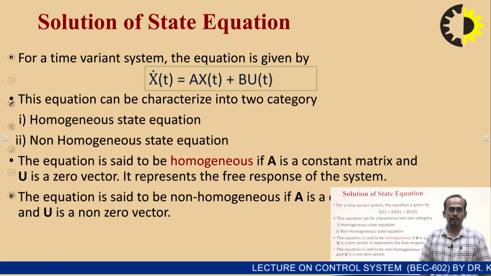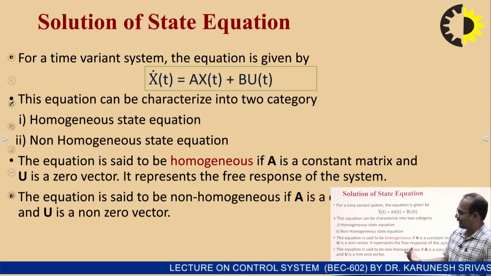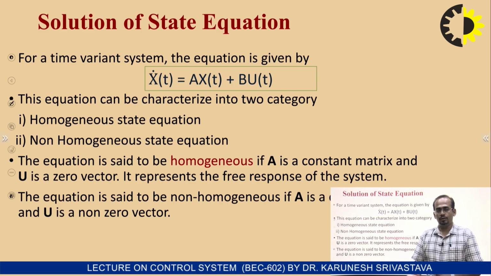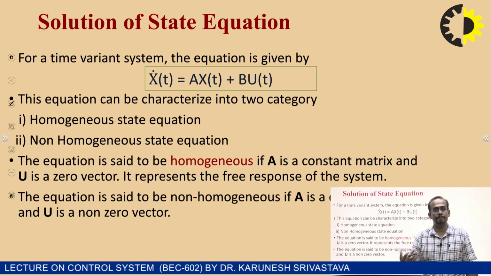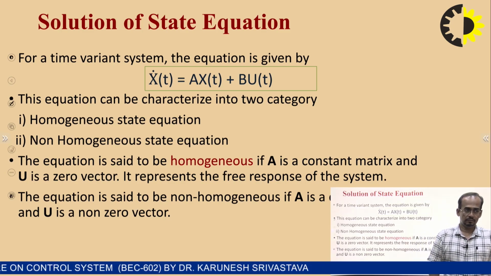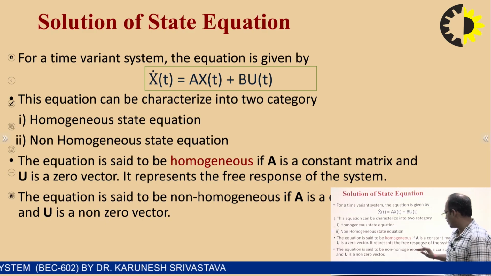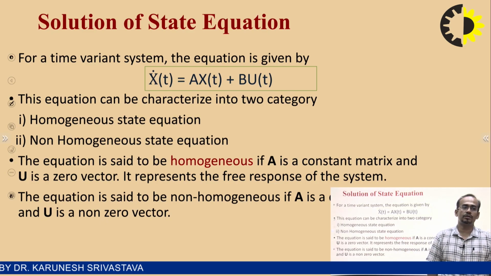The equation is said to be homogeneous if A is a constant matrix and U is a 0 vector. It means input is 0. It represents the free response of the system. The equation is said to be non-homogeneous if A is a constant matrix and U is a non-zero vector.